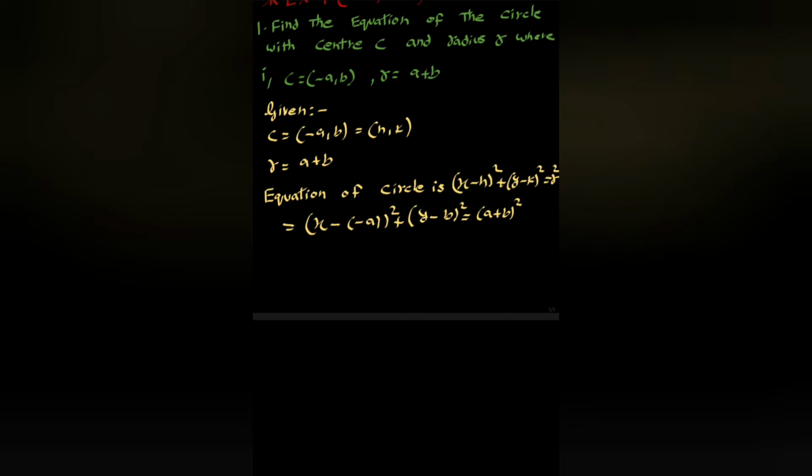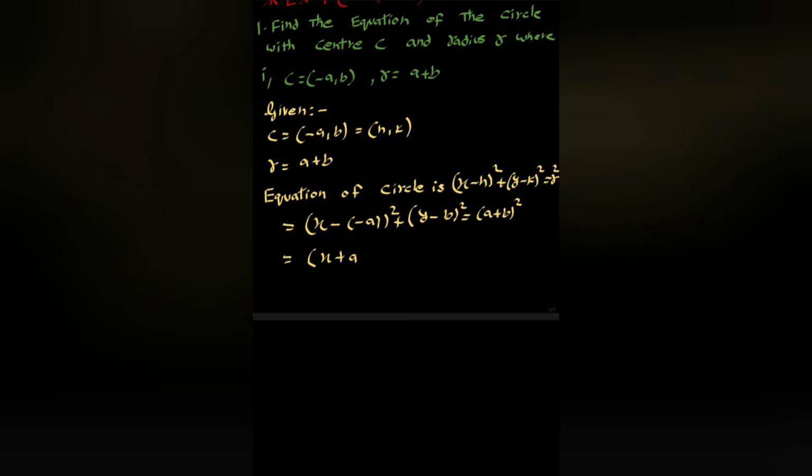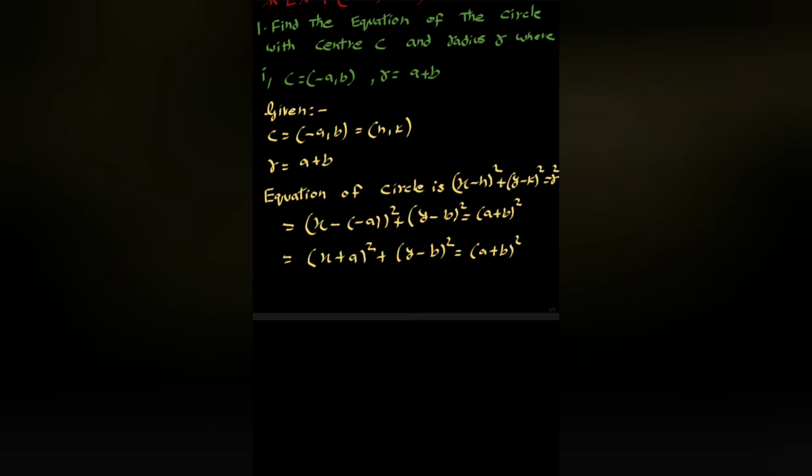Minus of minus, it is plus. So x plus a whole square plus y minus b whole square equal to a plus b whole square.